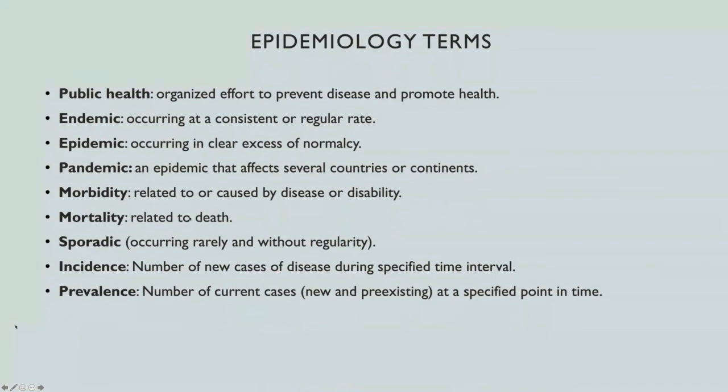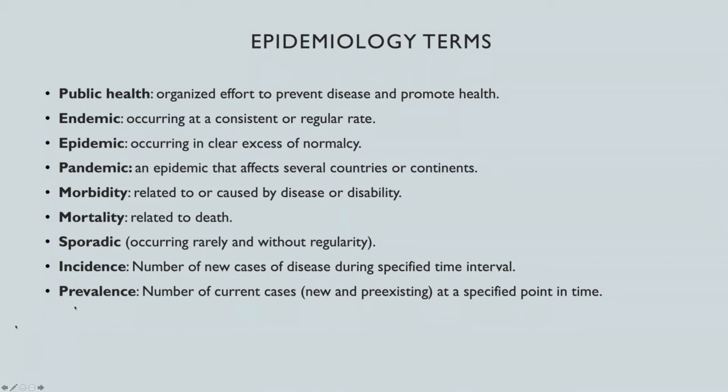How many people that have hypertension die of a myocardial infarction? How many people with diabetes get blind? That is the morbidity, or mortality, how many die of renal failure, let's say. Diseases are considered sporadic when they occur rarely. Sporadic cases of food poisoning in this place.